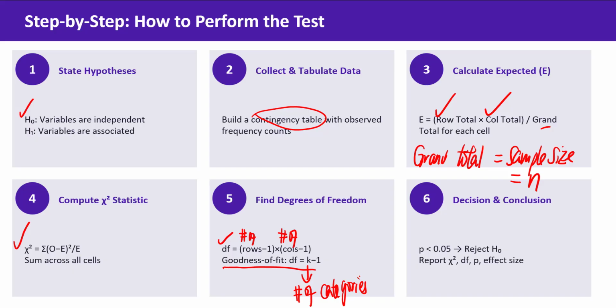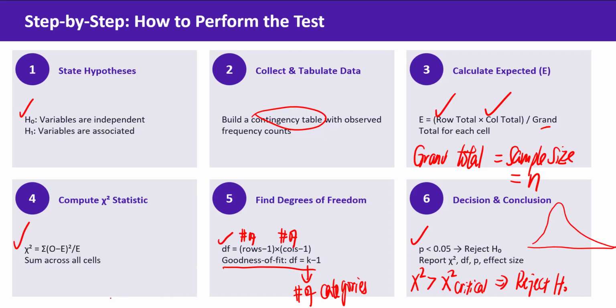And the decision-making process: if the p-value is less than 0.05, we reject H0, right? Or you can also say that if the test chi-square value is greater than the critical chi-square value, reject H0. This one is the critical value method. So basically you draw the chi-square distribution and then you label the test.